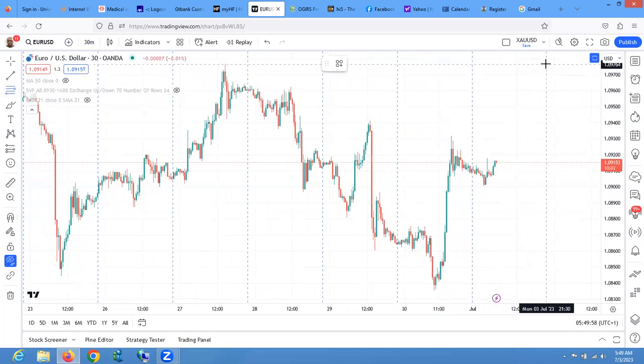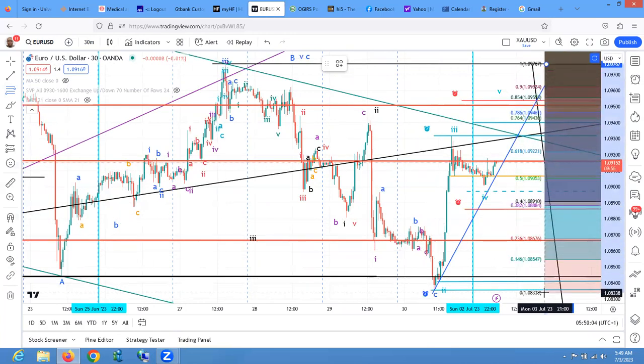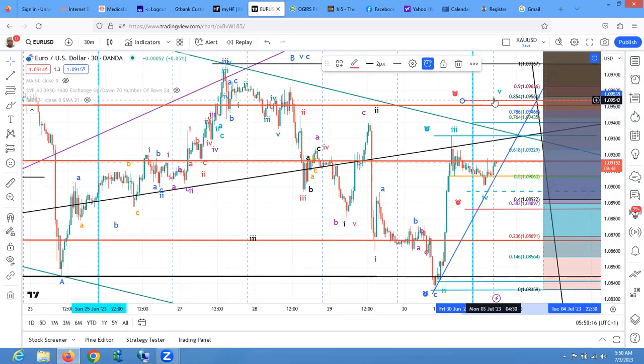So if we take it from here again, and we take it low to the low here. So 85 is actually here. We need to check the price action at that level.